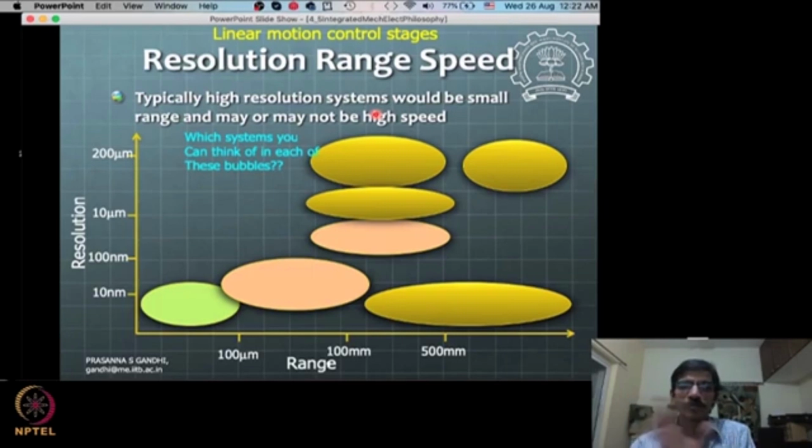You can see through that wherever there is a high resolution requirement, typically the ranges are going to be small, and wherever there are larger ranges, the resolution requirement also will be a little coarse.